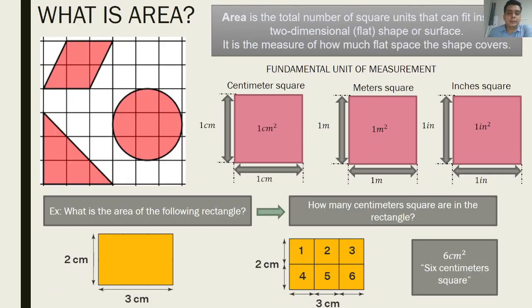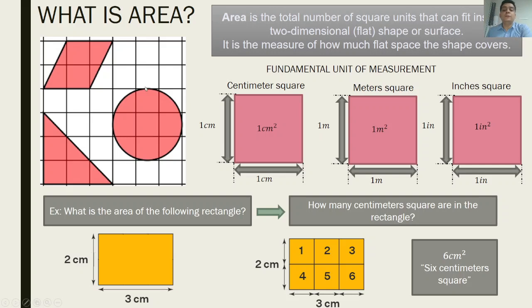Starting with area, what we have to understand is that area is the total number of square units that can fit inside a shape or a surface. Here we have different shapes, and we need to count how many squares can fit inside.